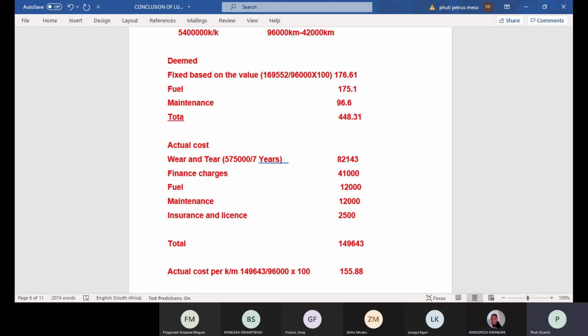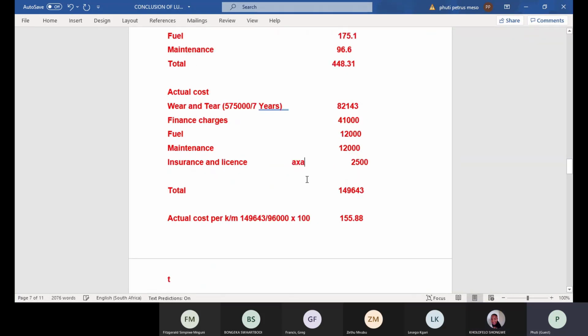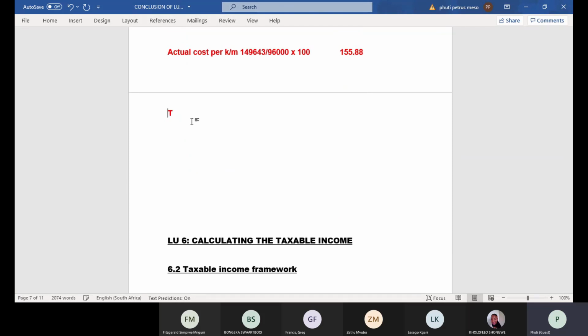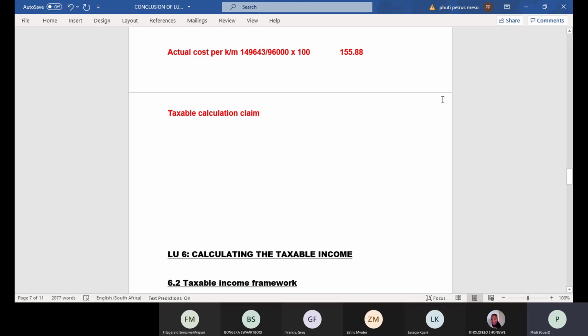Again, the greater would be the deemed, because we've got 448.31. Can you see that? Okay, and you're going to calculate what's called the taxable benefit calculation.